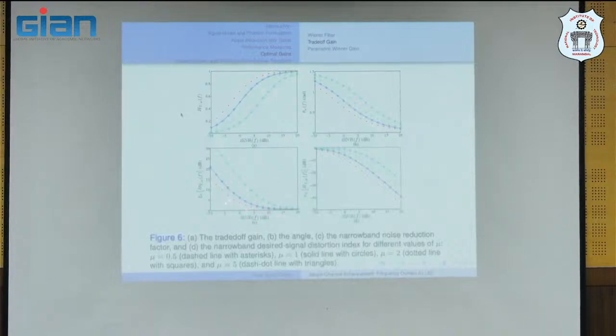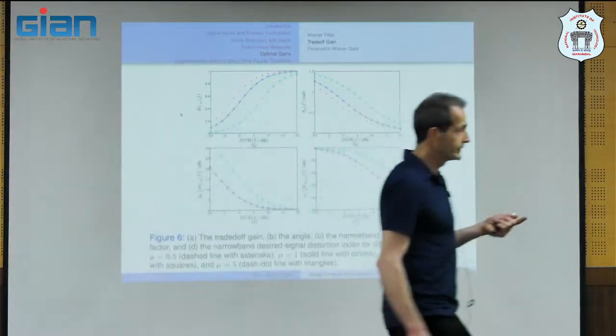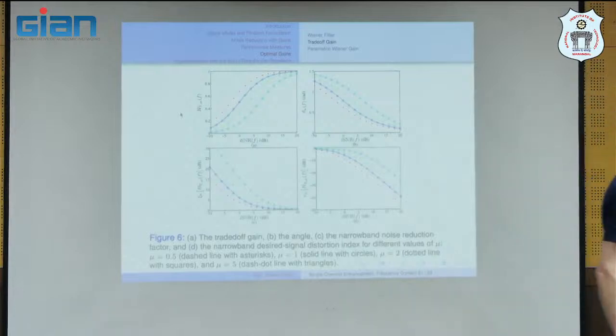So you see, for a given input SNR, when we increase mu, we give more weight to the noise error. So the noise reduction will increase because the trade-off filter would like to reduce this part.